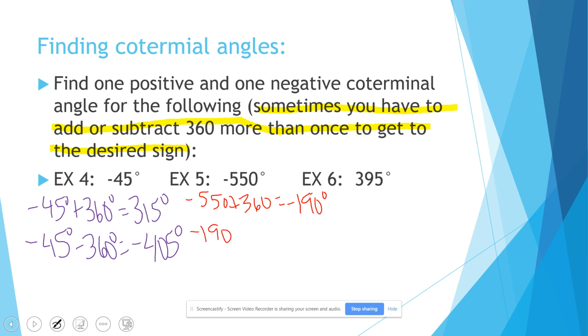So I'm going to take that negative 190 and add another 360 to it to get positive 170 degrees. So negative 190 degrees and positive 170 degrees are both coterminal angles of negative 550 degrees.